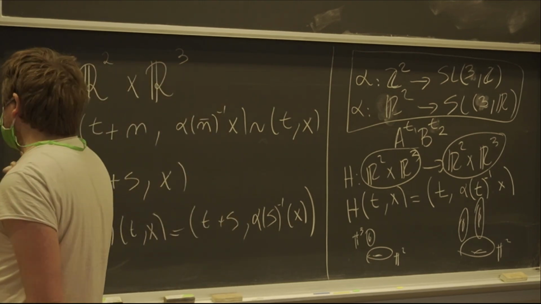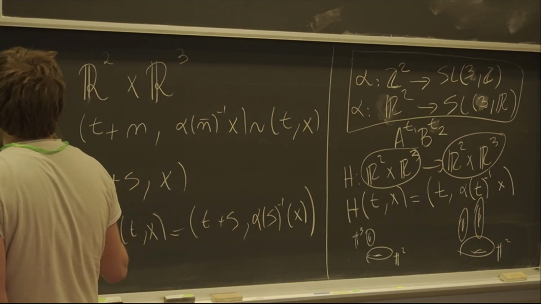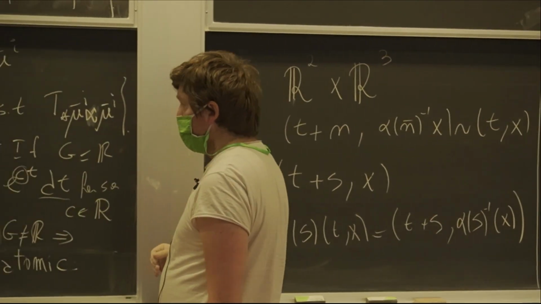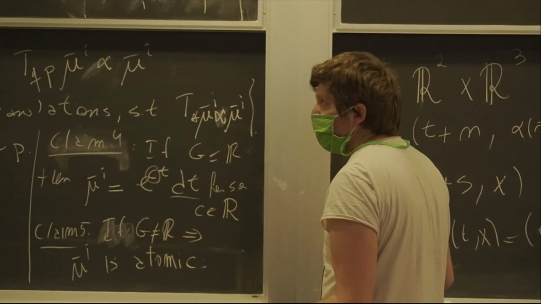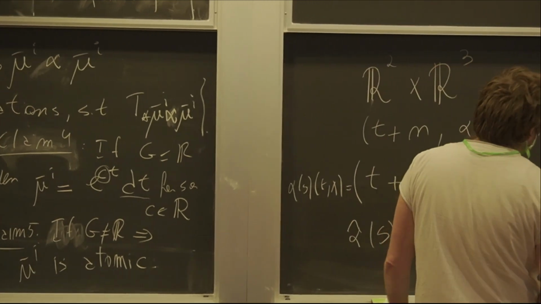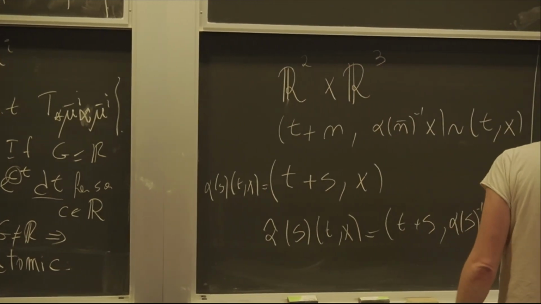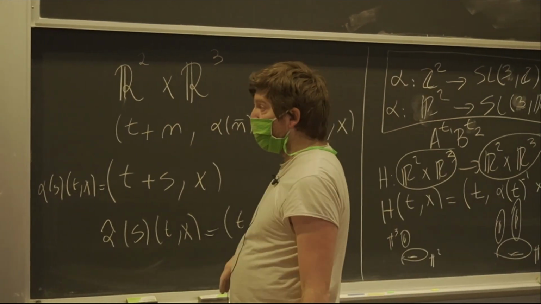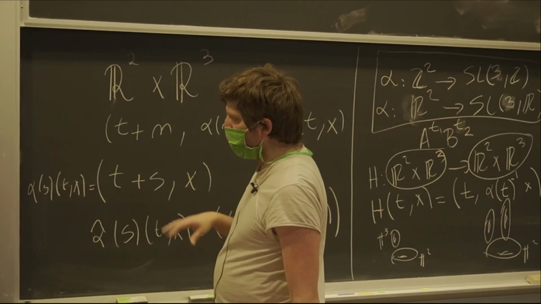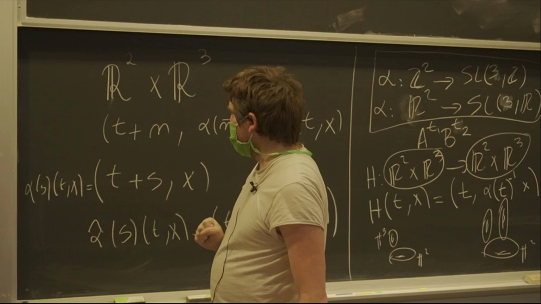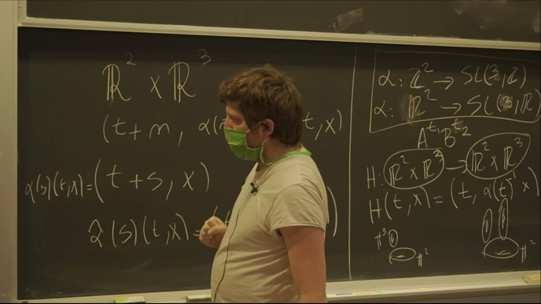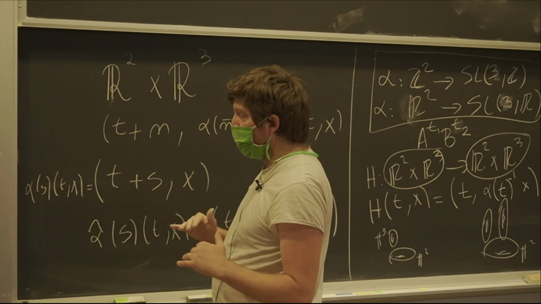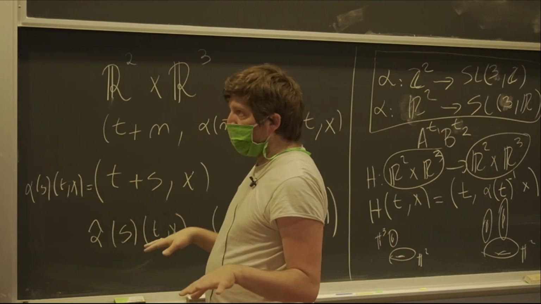And when we use it for the SL(n,R) action, for the G action, this will be even more natural, because things will be happening along the group. I hope I get to make you understand what's going on. Here we have the fiber where the dynamics happens and the group, which is just the time.